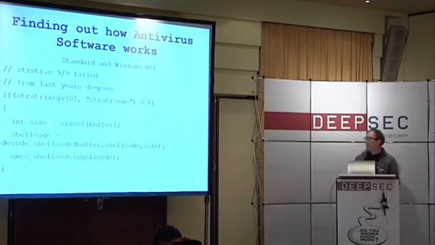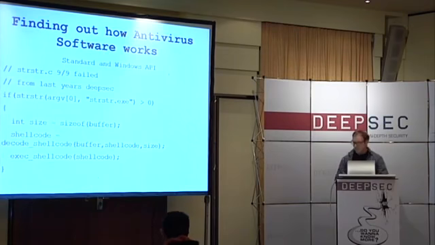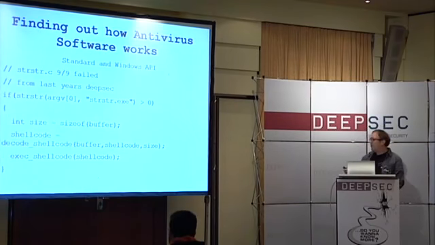This example is from last year's talk by Attila Marosi, Easy Ways to Bypass Antivirus Systems. This one, I think, is pretty nice. It is just looking at what the name of its own file is, of the exe file.